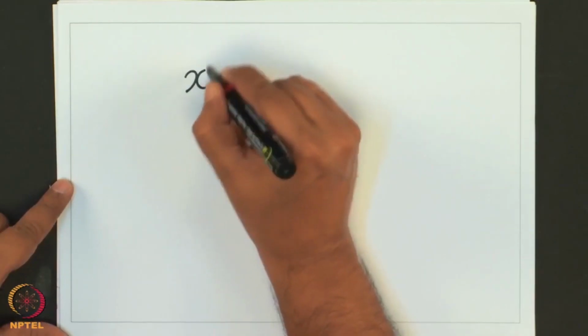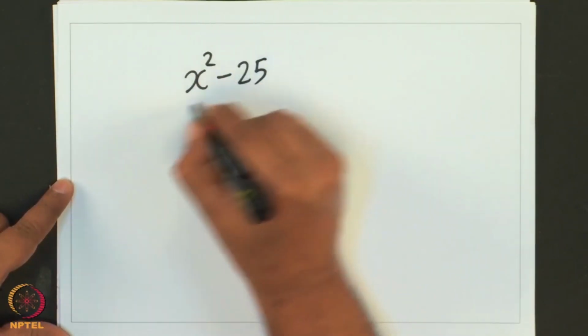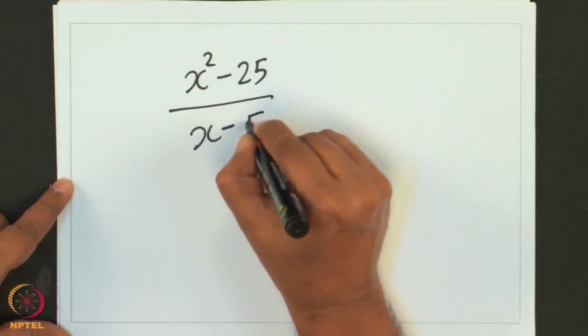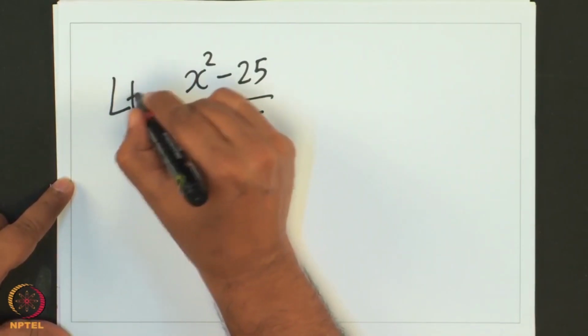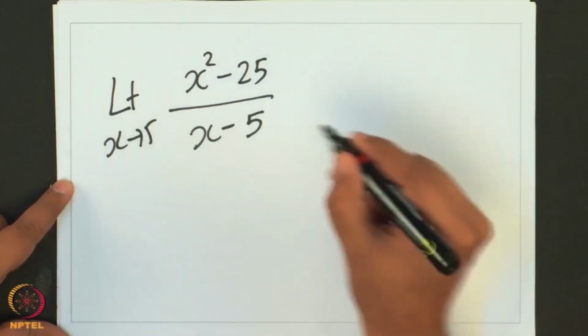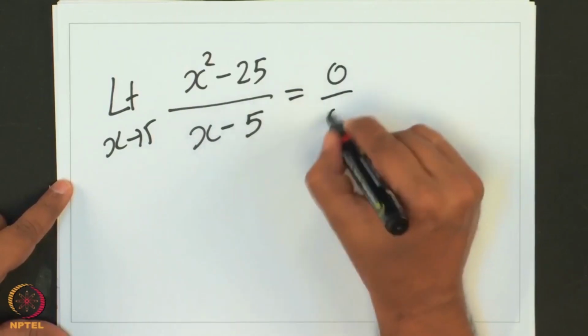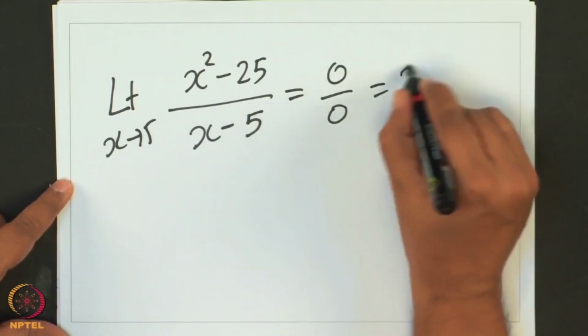So now let us take the other example that we just discussed. If we have x square minus 25 divided by x minus 5, and you want the limit x going to 5, this is going to be 0 by 0, so we cannot determine.